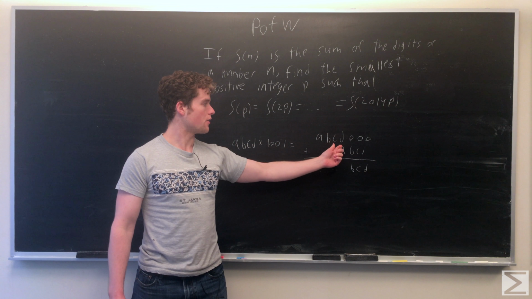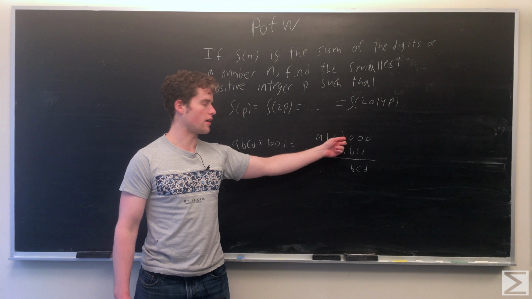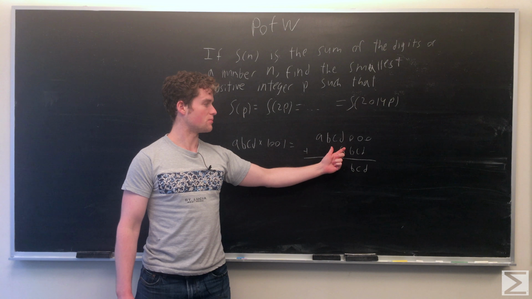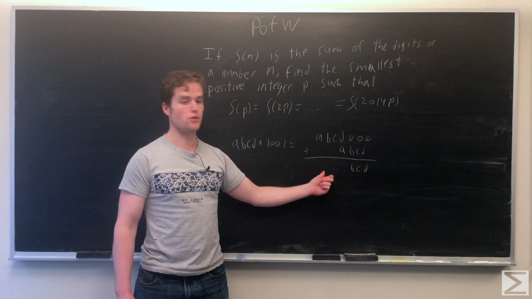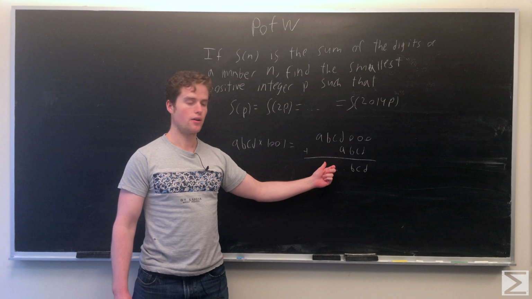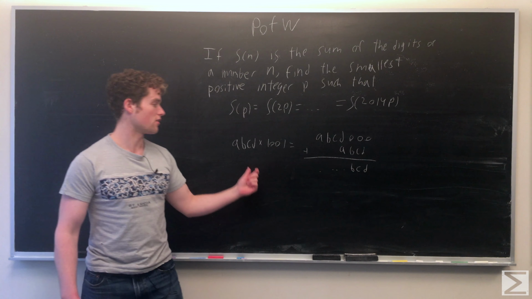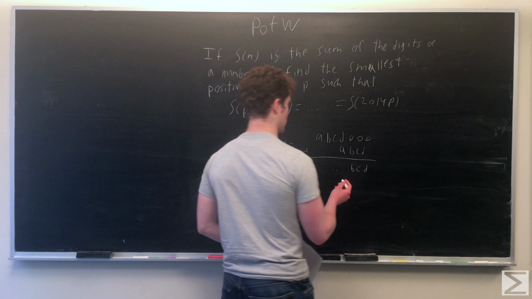And note that we're adding A is non-zero, A plus D. At some point here, a digit is being increased by 1, potentially A. And so if A is not 9, we're going to find that the sum of the digits here will be greater than our initial sum. And so we can conclude that A, in fact, has to equal 9.